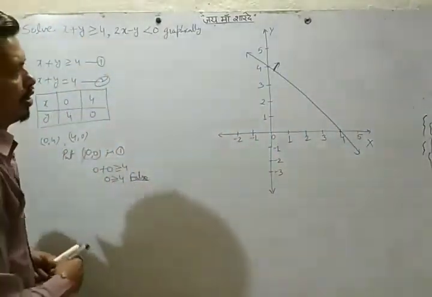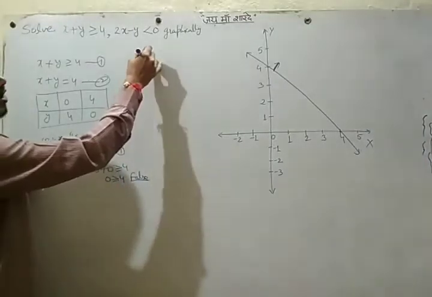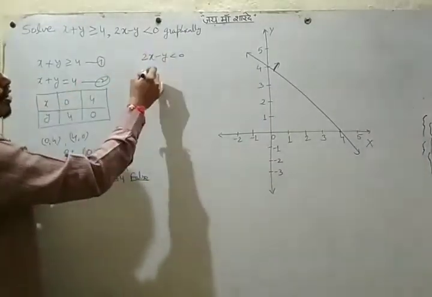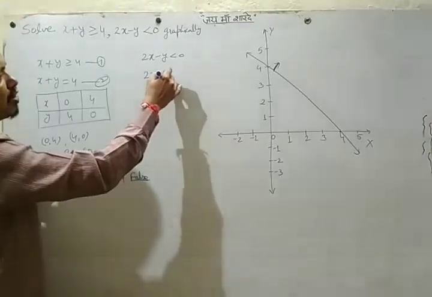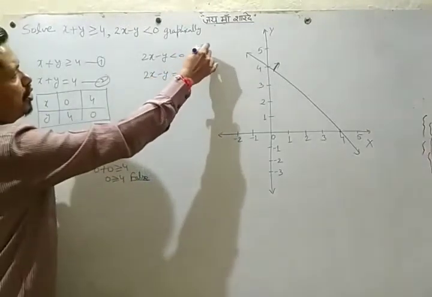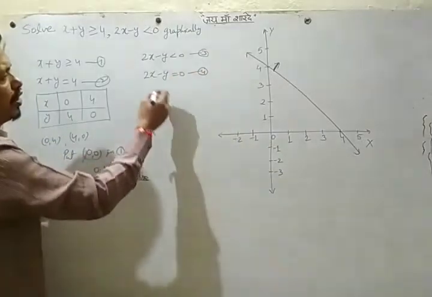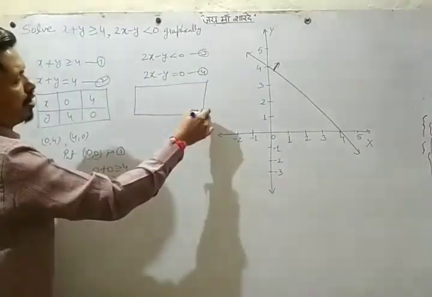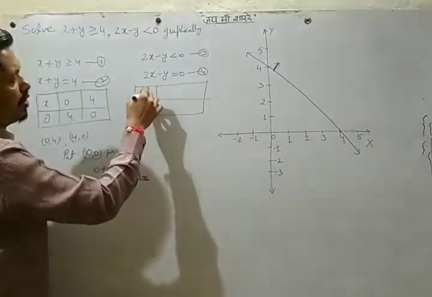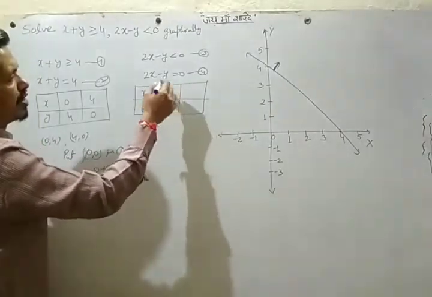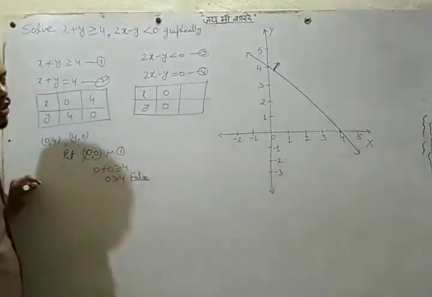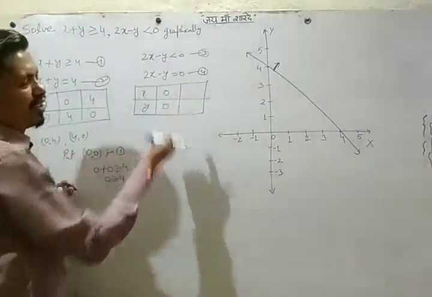Okay, now for the second inequation, 2x minus y less than 0. So its equation will be 2x minus y equal to 0. Now its solution. If x is 0, what happens? y will be 0. If y is 0, then x is simply 0 only.